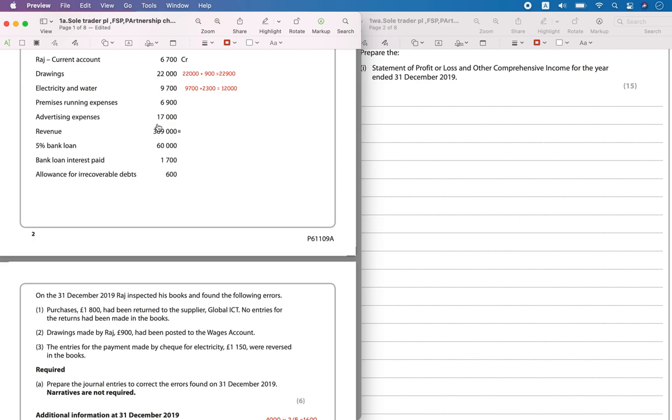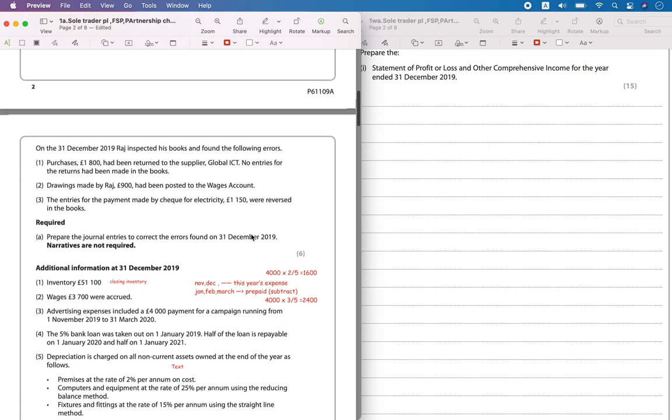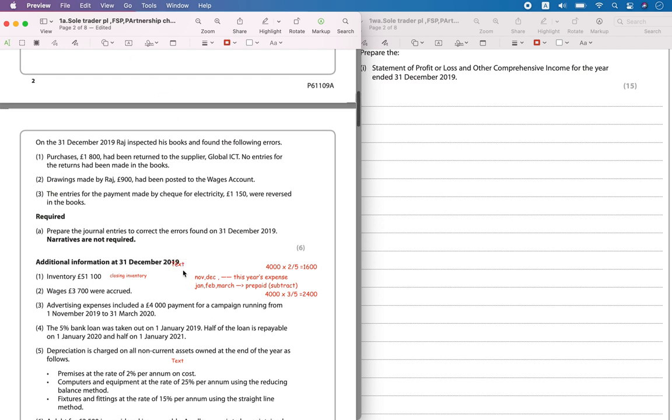This is a prepaid expense and we have to remove it from the advertising expenses which was given, because it had included the prepaid expense also. So we have to account for this year's expense. 17,000 minus 4,000 plus 1,600, or 17,000 minus 2,400, is also the correct way of writing. 14,600 is this year's advertising expense.